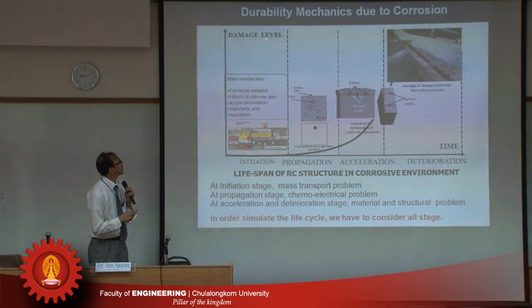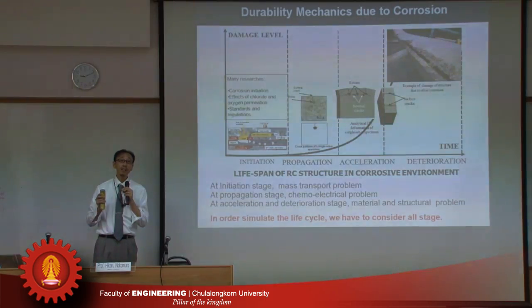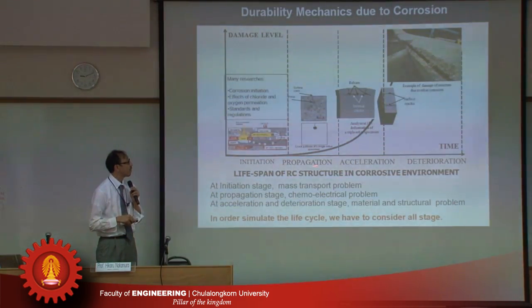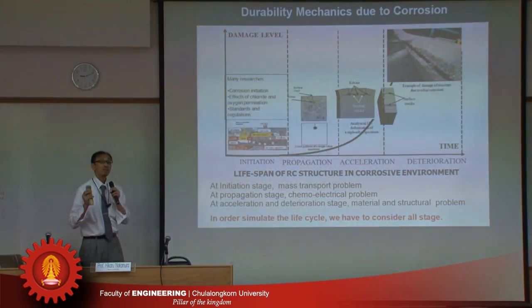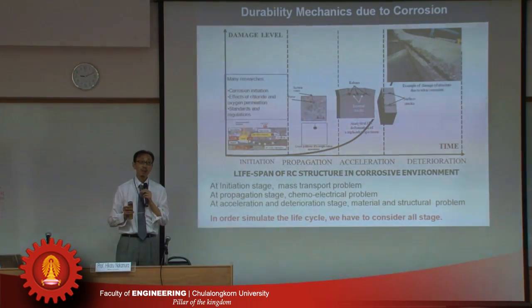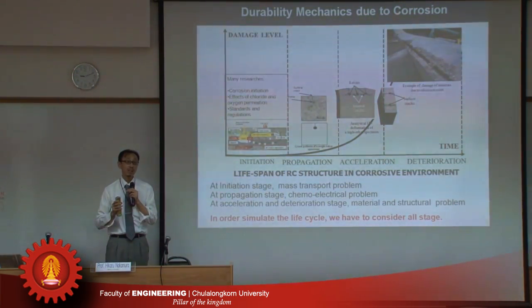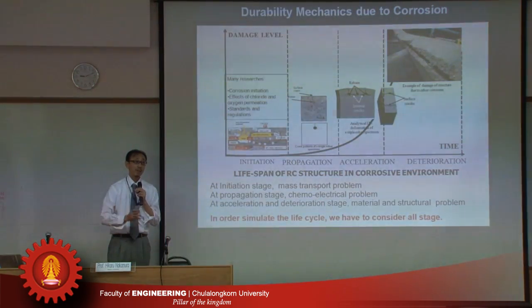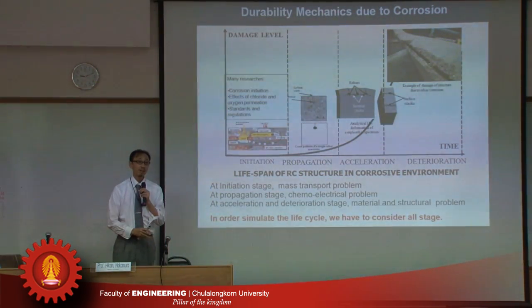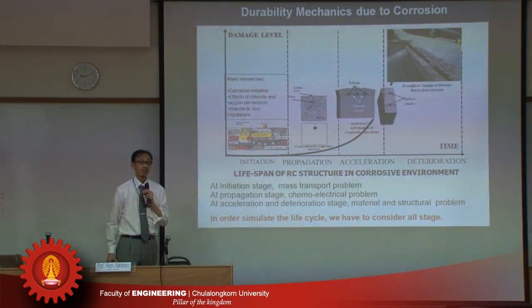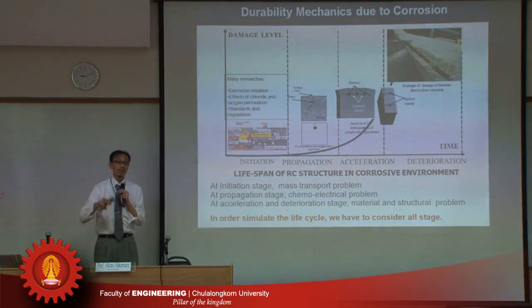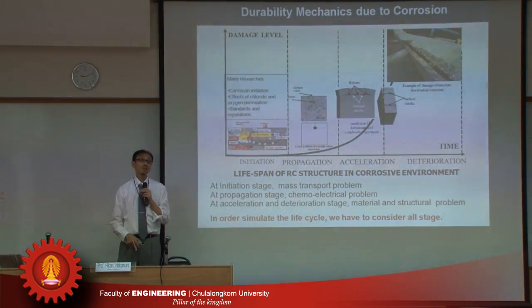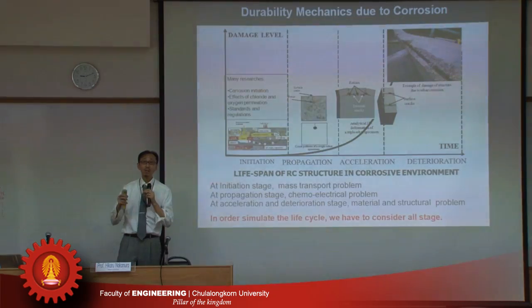The damage level is classified into initiation, propagation, acceleration, and deterioration. In the initiation stage, mass transport is important, because we have to consider the attack and penetration of chloride ions in the concrete. Once chloride ions reach the steel reinforcement, corrosion occurs.